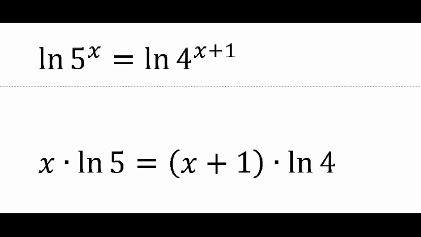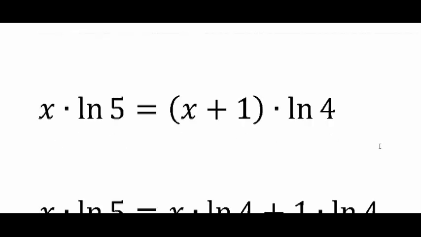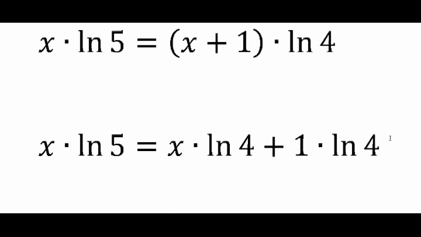That's pretty cool. So you can actually get the x's out of the exponent by using the law of logarithms that says the log of a to the b is equal to b times the log of a. And that's what we did there. Pretty cool, huh?